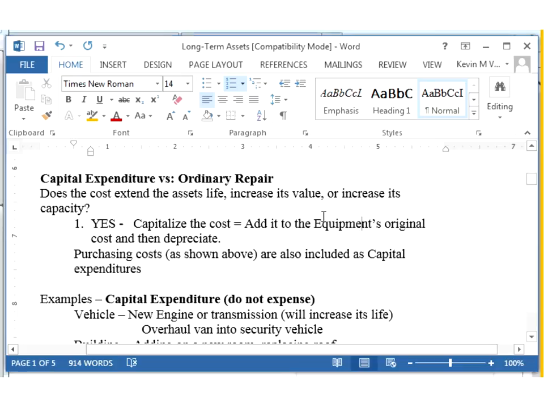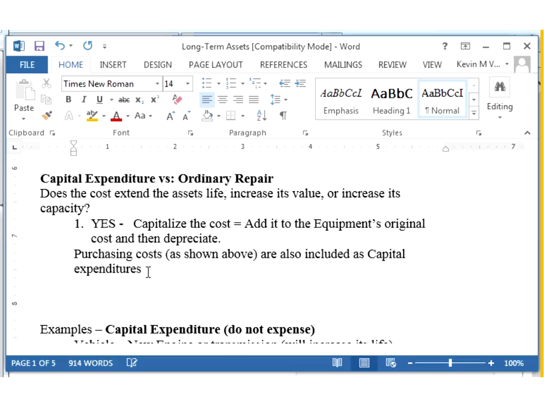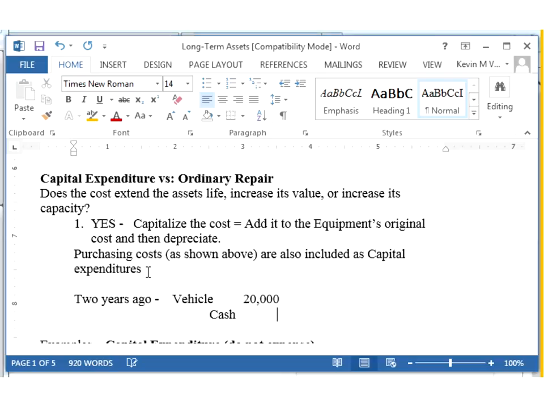So for example, again, if I bought a new engine, if I already had on my books a vehicle worth $20,000, and I just bought a new engine for $2,500, I would actually debit the vehicle account. So real quickly again, if 2 years ago, we'll just make that up, this was my journal entry, I bought a vehicle for $20,000, and I credited my cash, just throwing something out there.